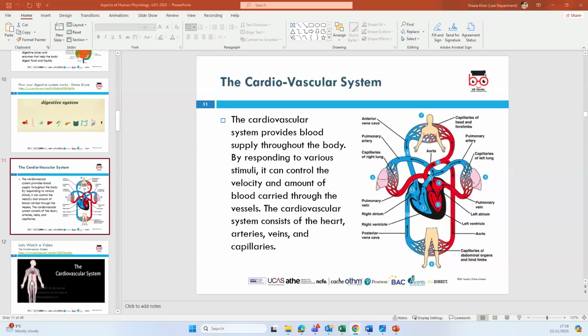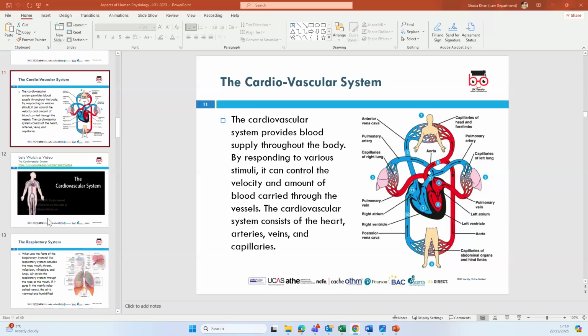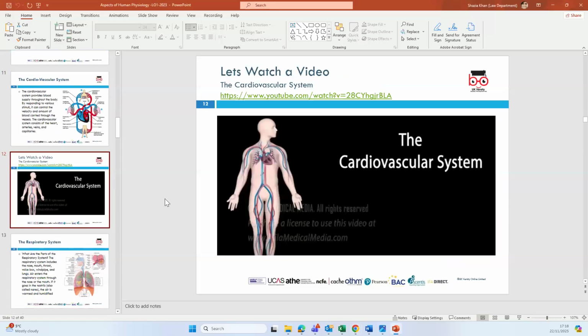So they deliver oxygen, nutrients, and other essential substances through the body. So it's really important. Again, the next video is on the cardiovascular system, looking at how it works and how it helps regulate body temperature and how it transports cells to fight off any sort of infection and diseases as well.